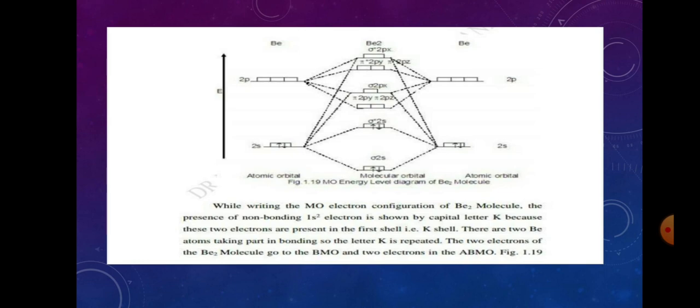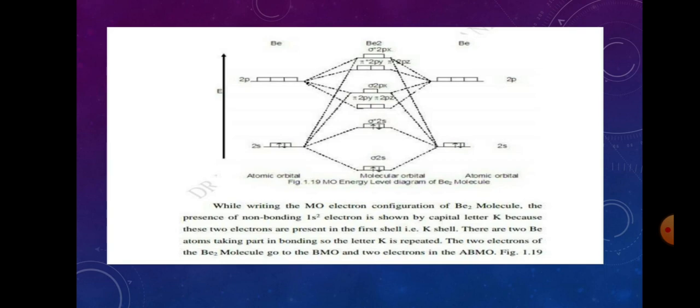While writing the molecular orbital electronic configuration of the Be2 molecule, the presence of non-bonding 1s2 electrons is shown by capital letter K. Why? Because these two electrons are present in the first shell, that is the K shell. Two beryllium atoms take part in bonding, so the letter K is repeated.